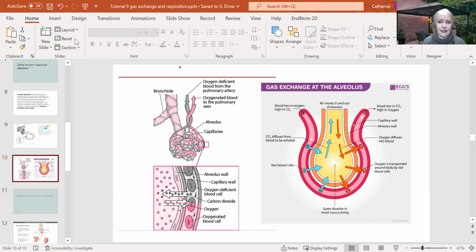Hopefully so far we've got this CO2 from blue blood into alveoli, O2 out into red blood, making it red blood. Because then it can attach itself to all the hemoglobin, become oxyhemoglobin, travel around the body and make everybody happy.